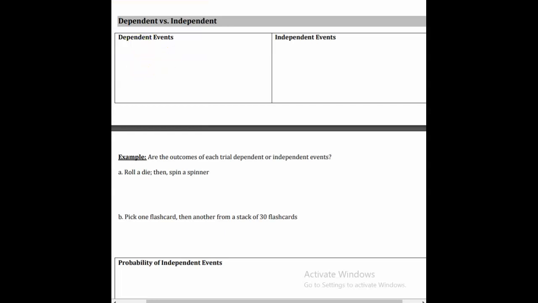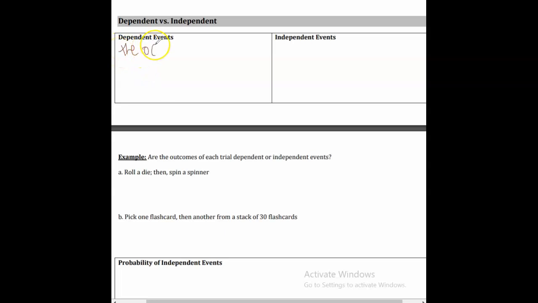We're going to talk about the difference between independent and dependent events now. When I tell you someone or something is dependent, that means it is affected, they affect each other. So if you're, the weather, what you wear depends on the weather, means they affect each other.